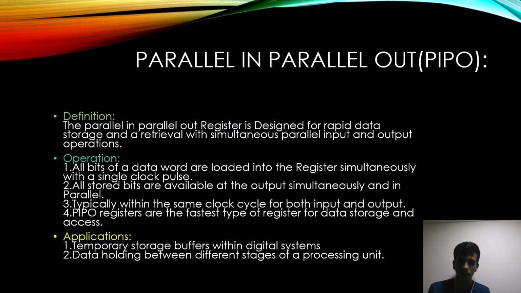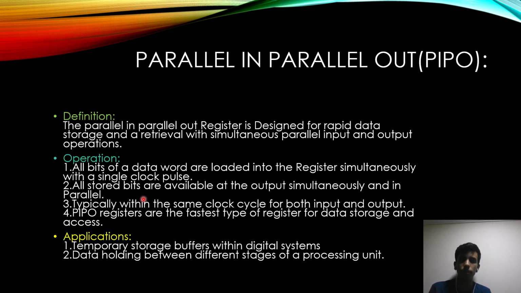And now we discuss parallel in, parallel out. Definition: the parallel in, parallel out register is designed for rapid data storage and retrieval with simultaneous parallel input and output operations. Operation: all bits of the data word are loaded into the register simultaneously with a single clock pulse.